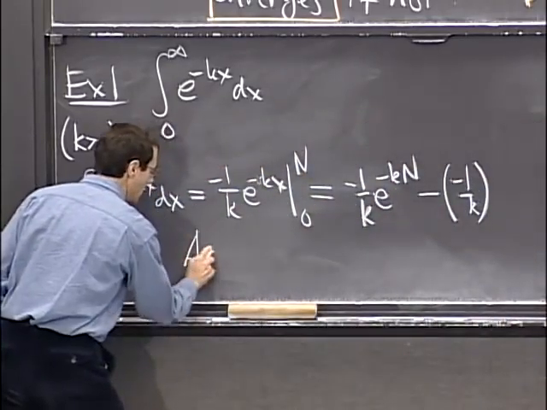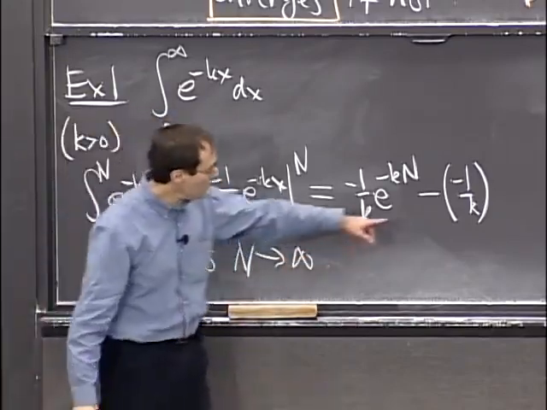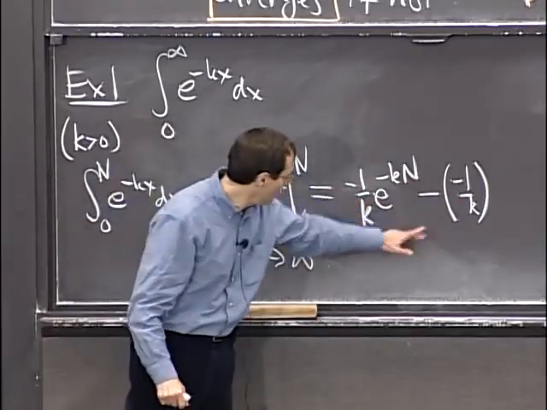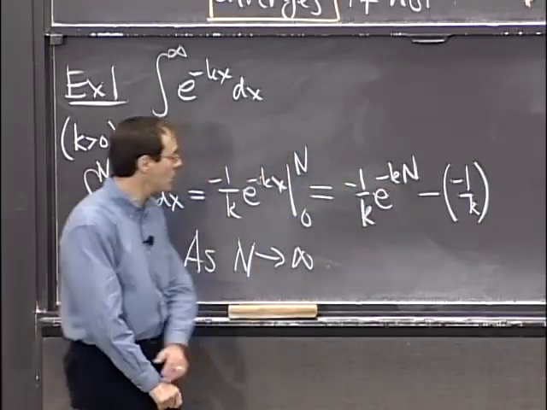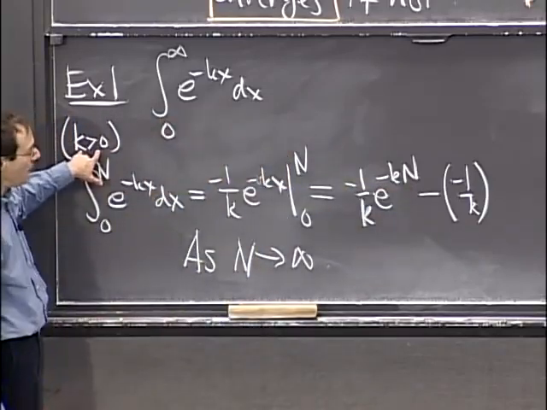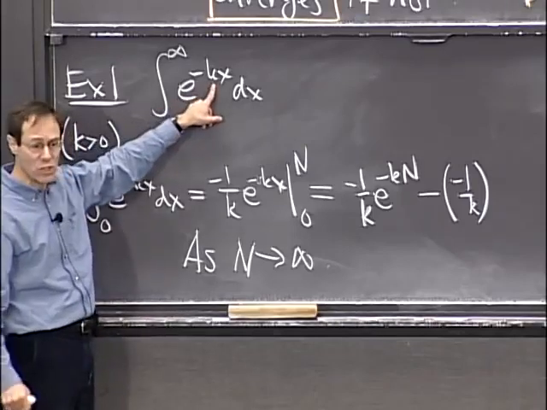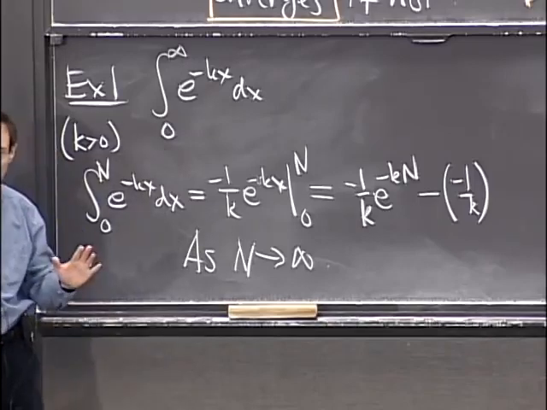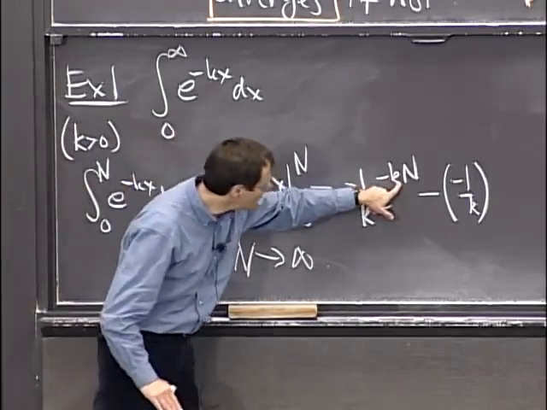So as n goes to infinity, what's happening is the second term here stays unchanged, but the first term is e to some negative power, and the exponent is getting larger and larger. That's because k is positive here. You've definitely got to pay attention, even though I'm doing this with general variables here, you've got to pay attention to signs of things, because otherwise you'll always get the wrong answer. So you have to pay very close attention here.